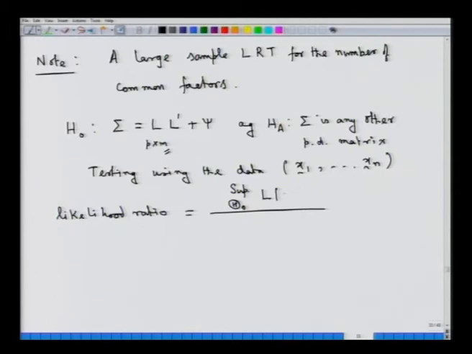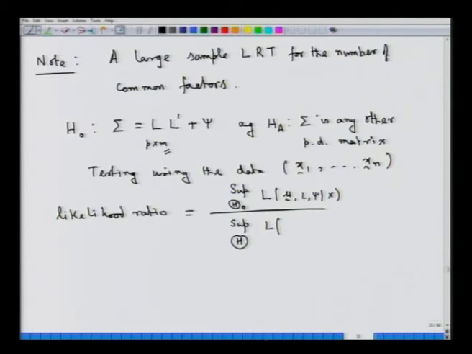This likelihood function will be under the null hypothesis, meaning thereby we will have μ, L, ψ given this x, the entire data vector, divided by the supremum over Θ.